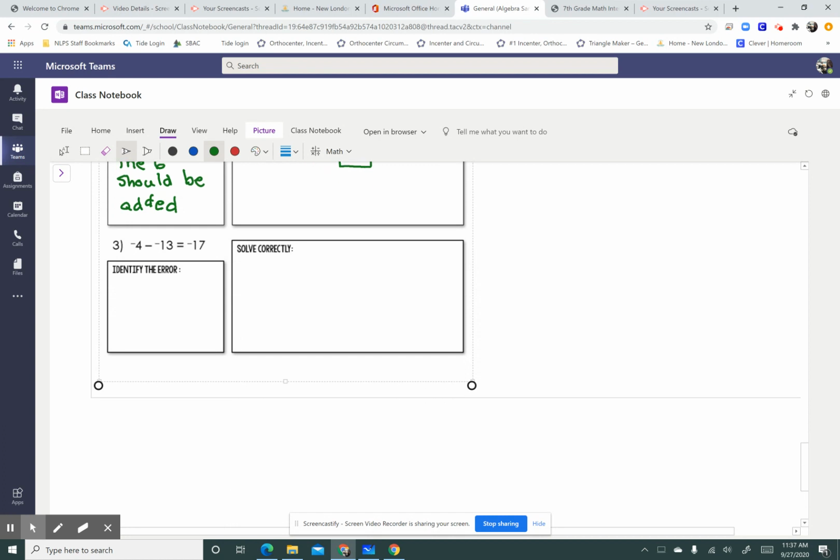And our last one of the day, we have -4 minus -13 equals -17. And again, I think you see the error now. 13 should have been added, so this would be a plus. This would change to a plus.